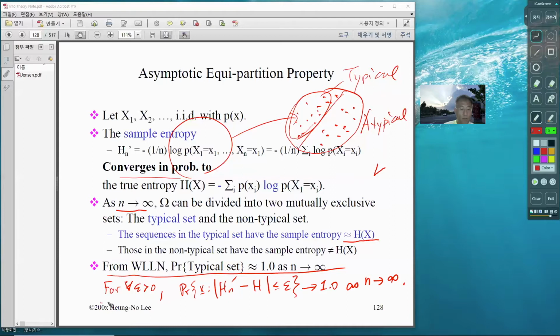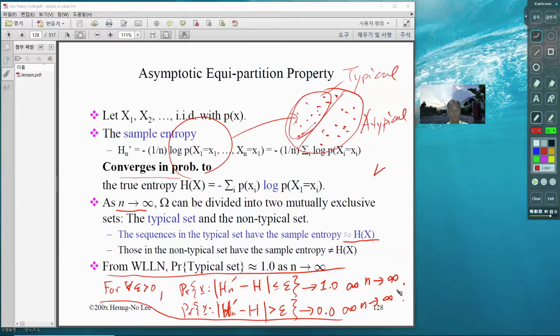Or we can say the same thing with the atypical set: the probability that the deviation of the two is greater than epsilon goes to 0 as n goes to infinity. So we can say the same thing in both manners, first this way or second this way.